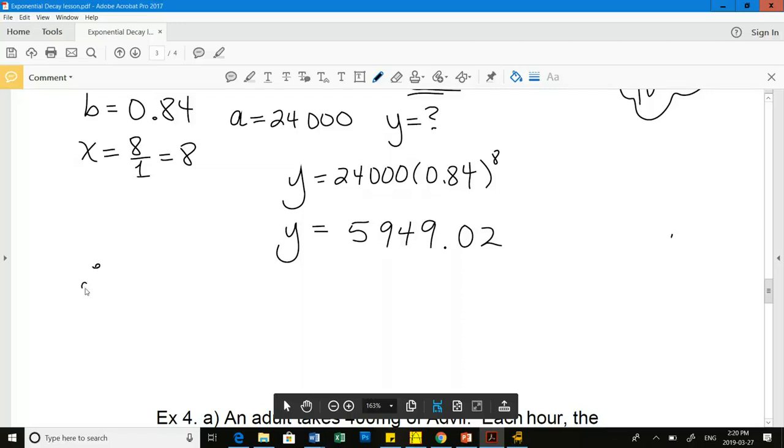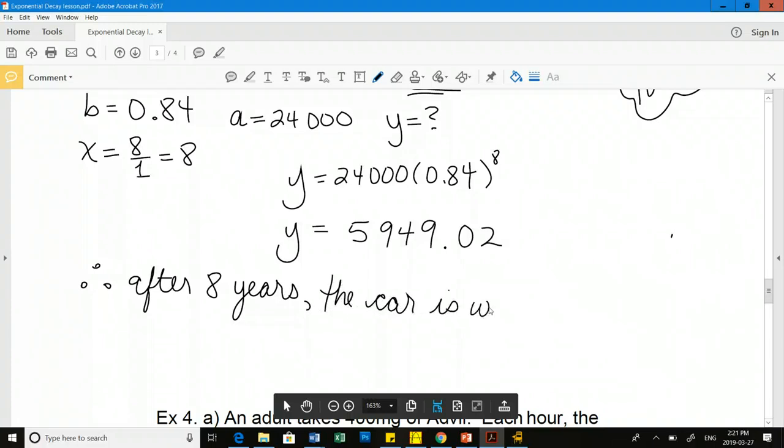So therefore, after 8 years, the car is worth $5,949.02. Horrible investment cars are.